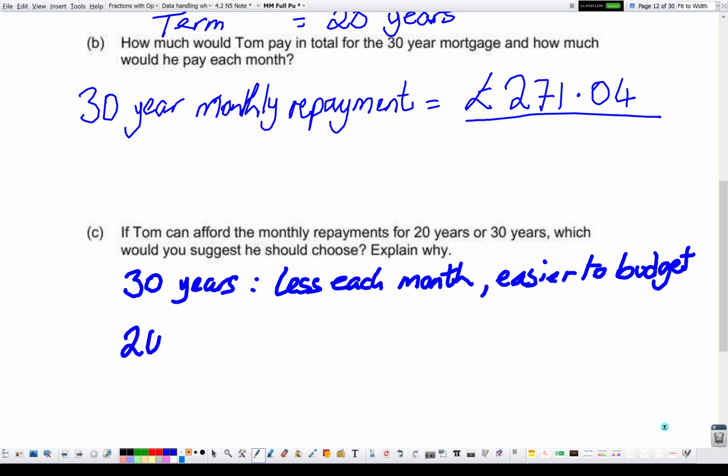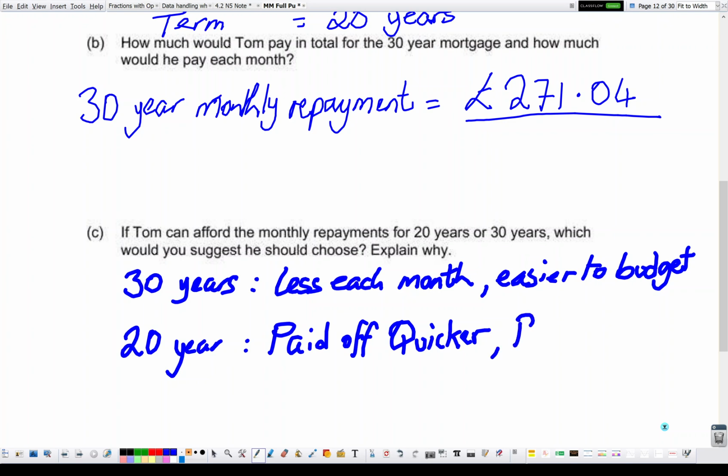But there's also the 20-year option, which means that it's paid off quicker, meaning that you don't have that debt hanging over your head for an extra 10 years. So it's paid off quicker, you'll pay less interest, right?